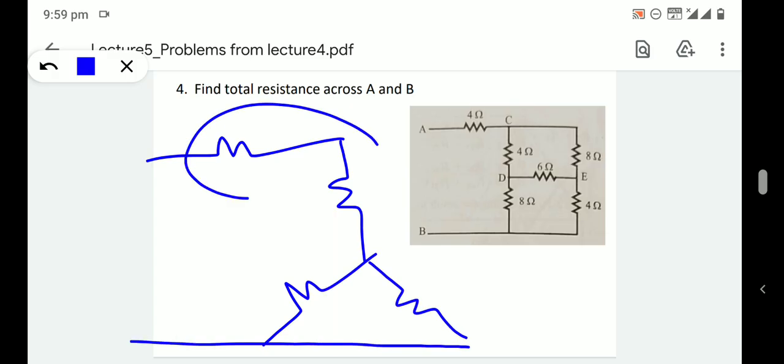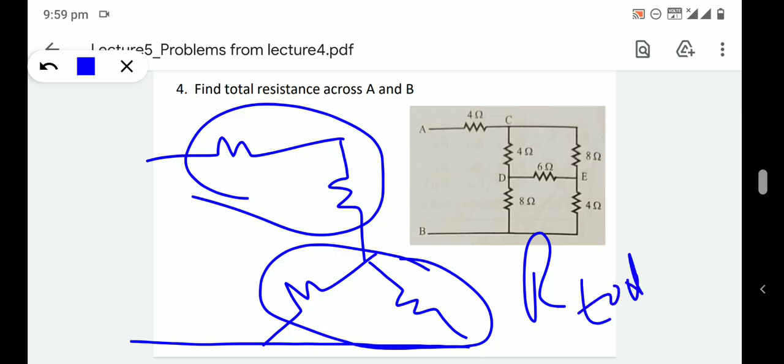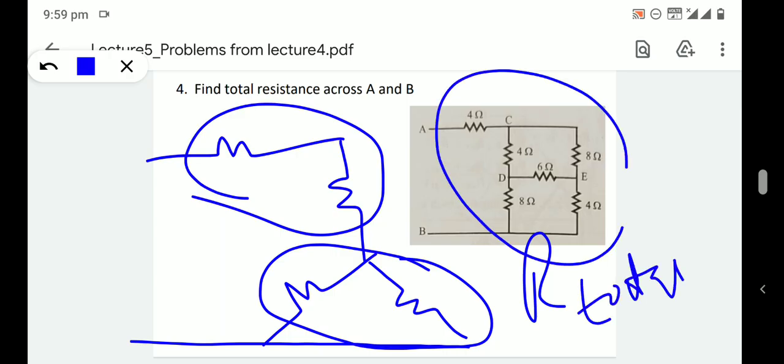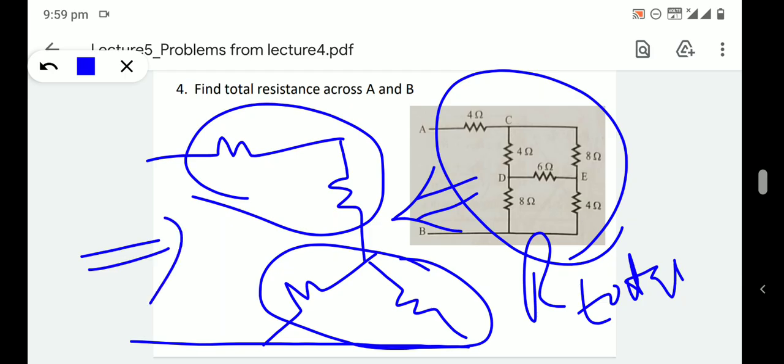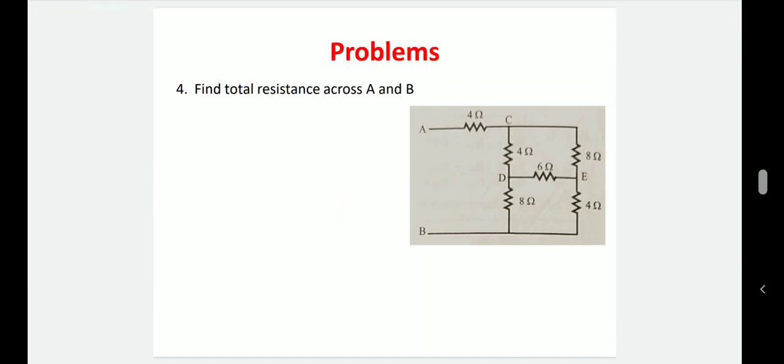Here these two resistors are in series, these two are in parallel, then we can find the R total. Okay, so this circuit will be modified to this circuit using delta to star conversion. So this is the application for star to delta and delta to star conversions.